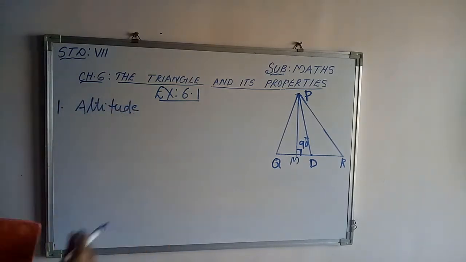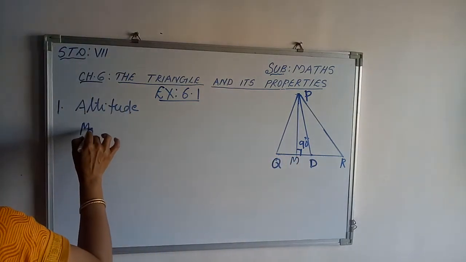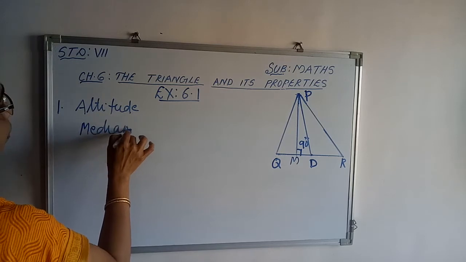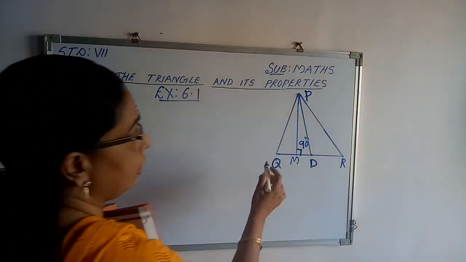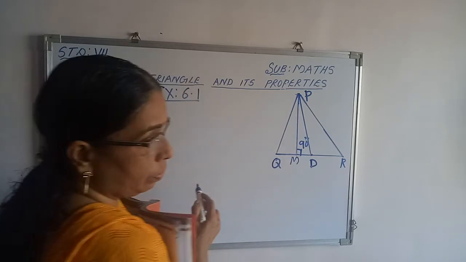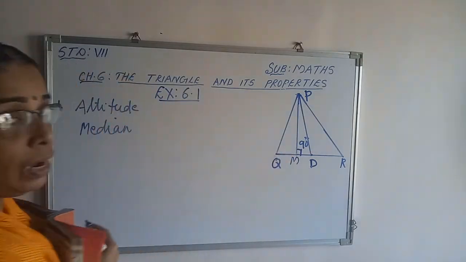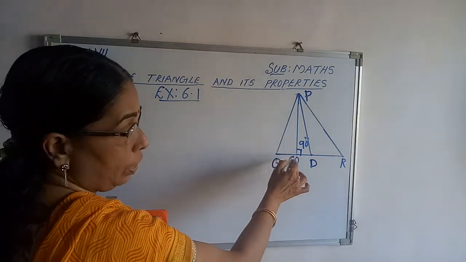Then the second question is PD. I told you, D is the midpoint, so PD is the median. And what about the third question? Is QM equal to MR? Because PM is the altitude, M is not the midpoint.